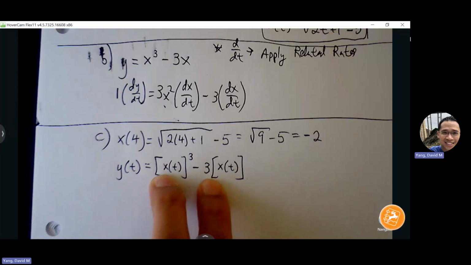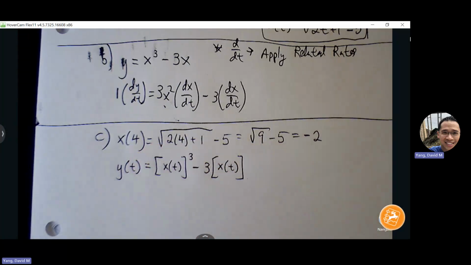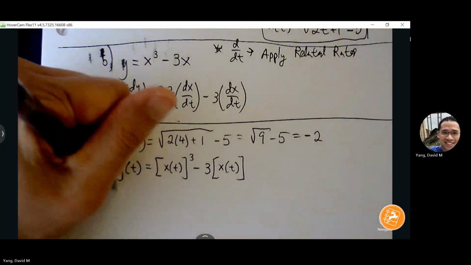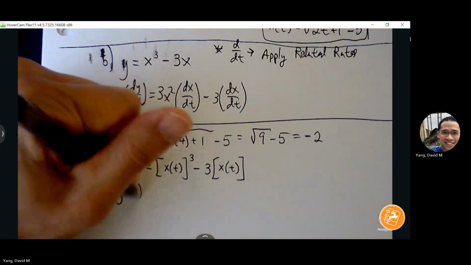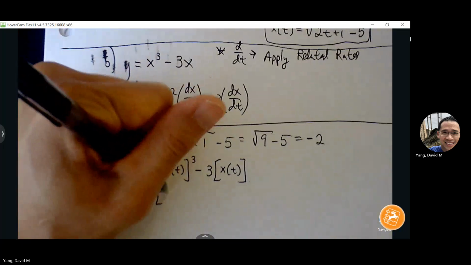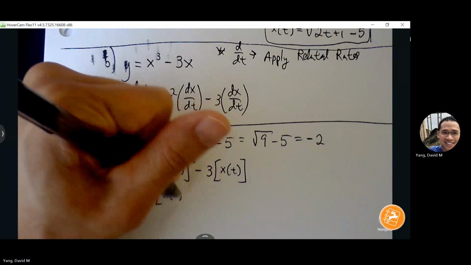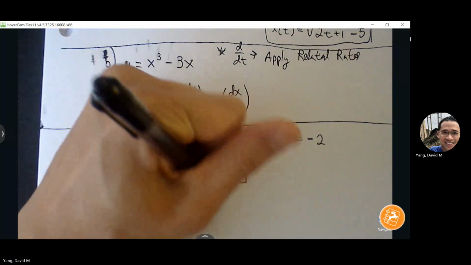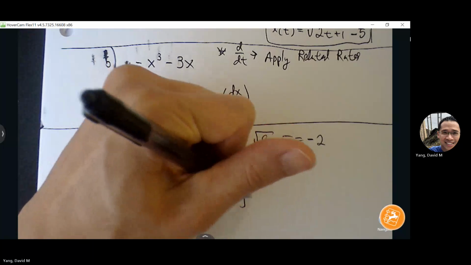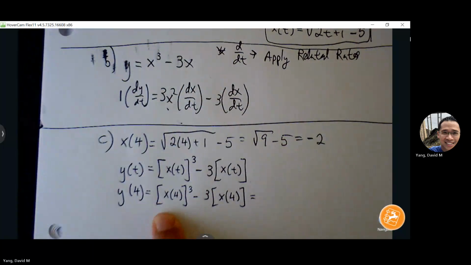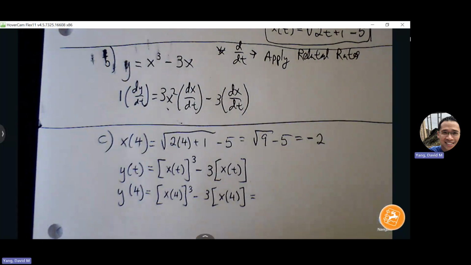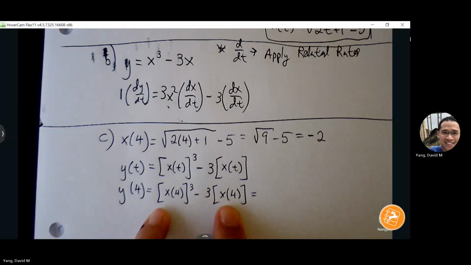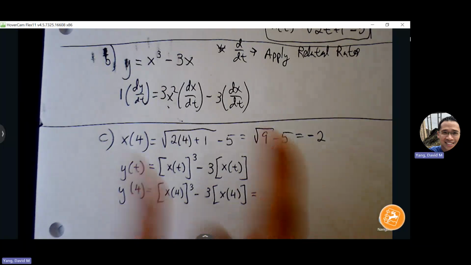Replace every t with 4, and then we can grab x of 4 from above. Replace x of 4 with what? Negative 2.